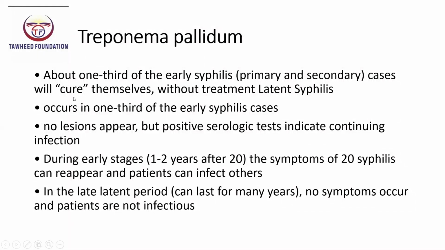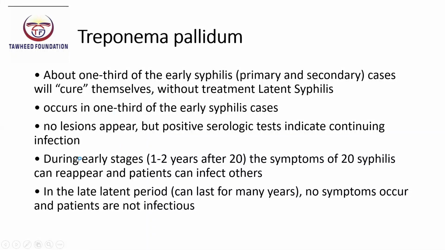So, one third of early syphilis cases, which are primary and secondary, will cure themselves without any treatment. Latent syphilis will occur in another one third of early syphilis cases.